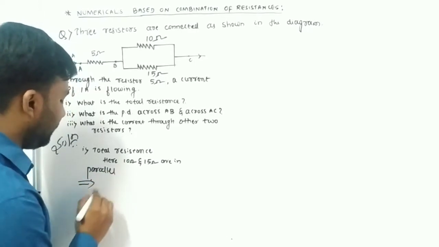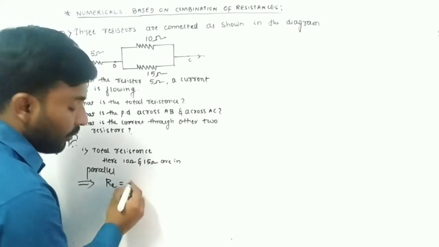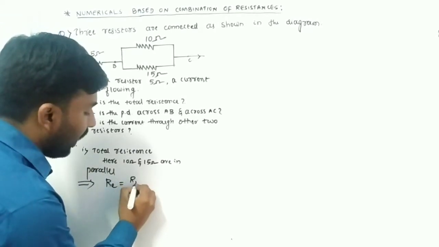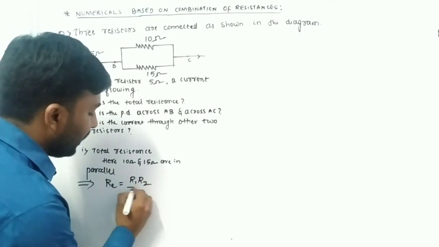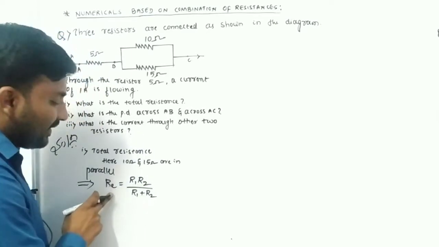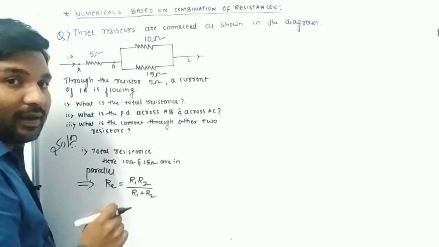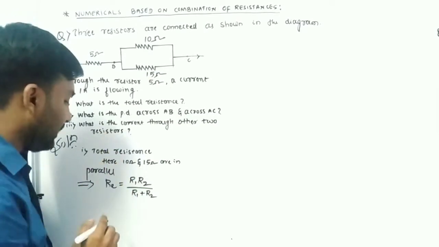This implies that the equivalent resistance is equal to, we have the formula R1 into R2 divided by R1 plus R2. This is the equivalent formula when the resistors are connected in parallel and we have only two resistors.